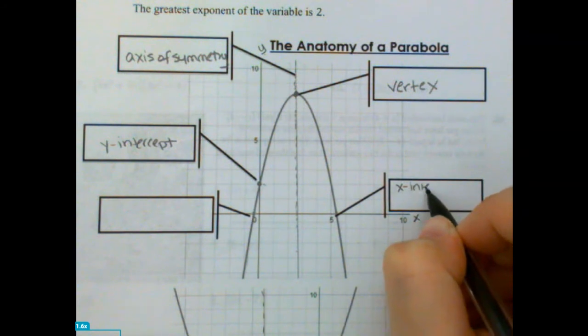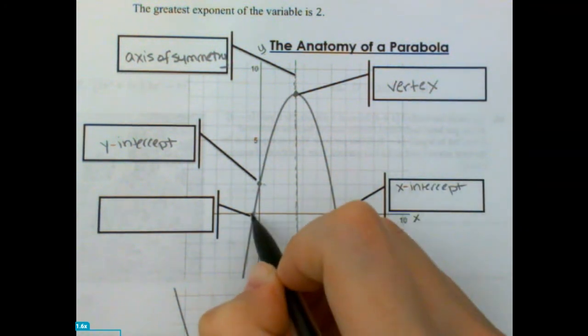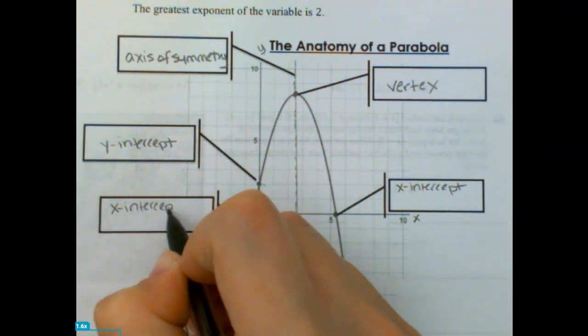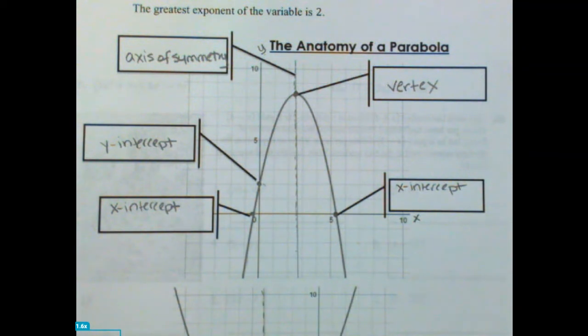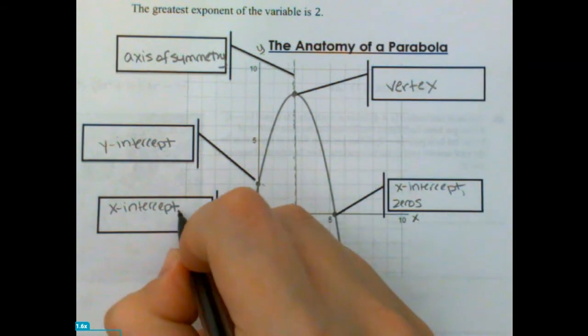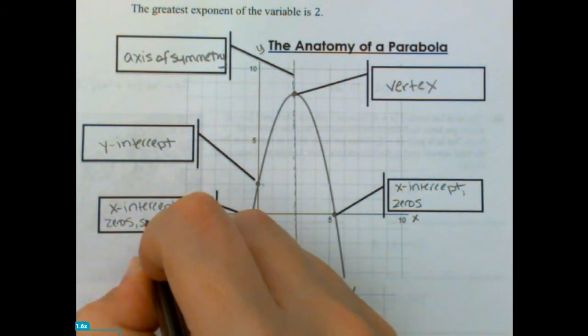So we call these the x-intercept, and there's one right here, and there's another one over here. So there's two in this graph. We're going to use a lot of different words for x-intercept, so we're also going to call these zeros. They're also called solutions.